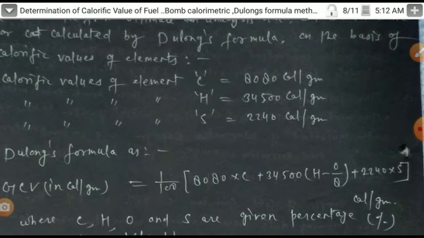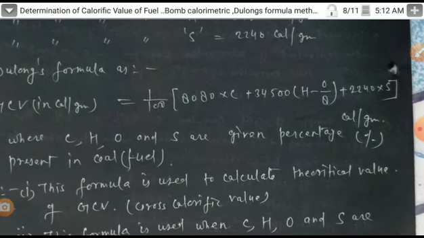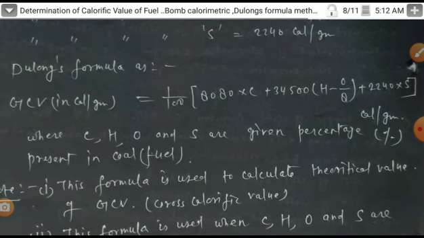So what is the formula that you can use as far as Dulong's method for GCV is concerned?